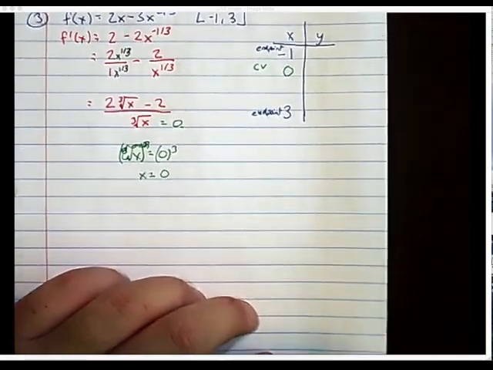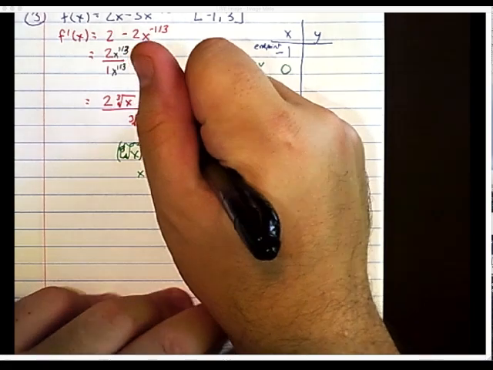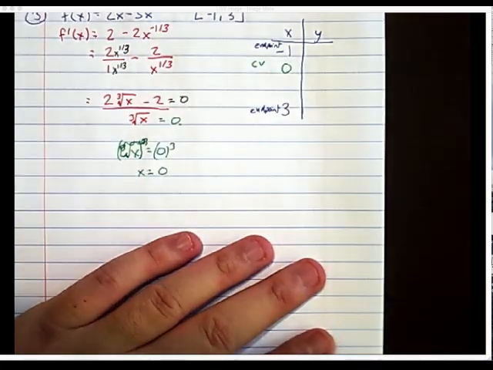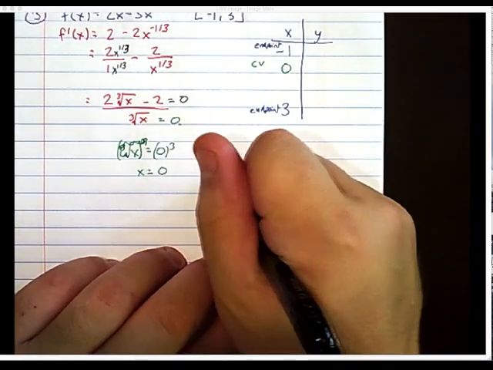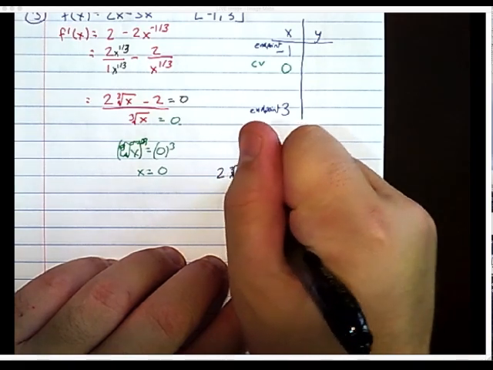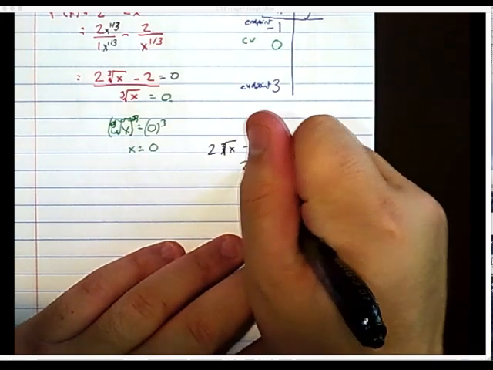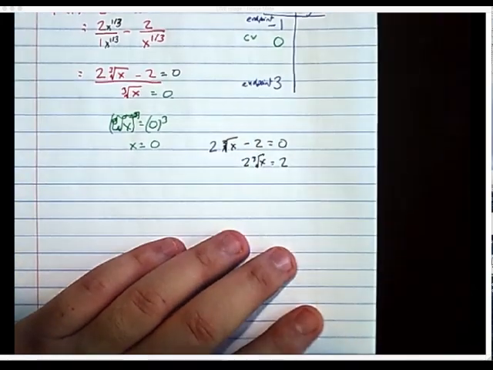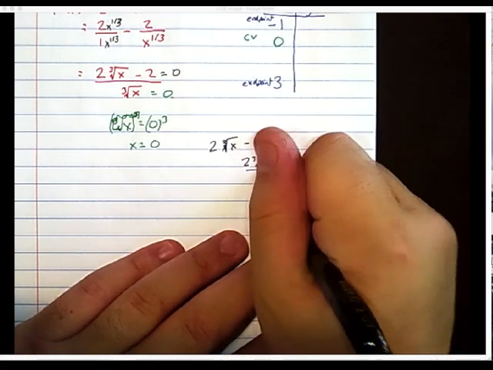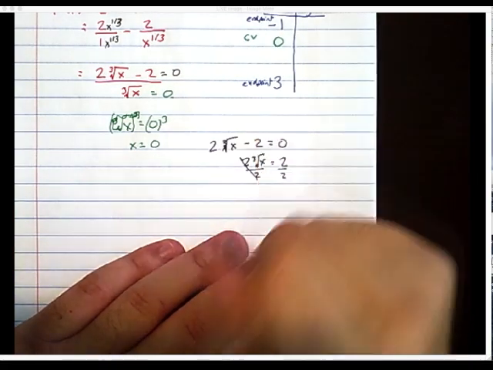Okay, now when is the derivative going to equal 0? It equals 0 if the numerator equals 0. So 2 times the cube root of x minus 2 equals 0. Okay, let's add 2 to both sides. So 2 times the cube root of x equals 2. Let's divide both sides by 2.